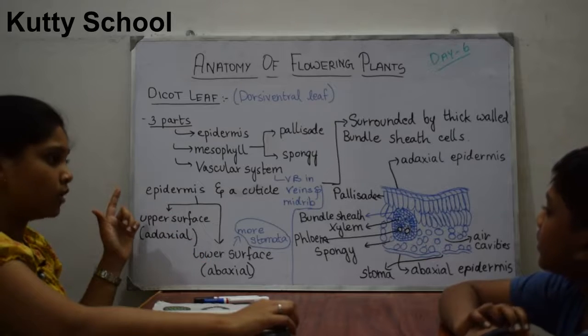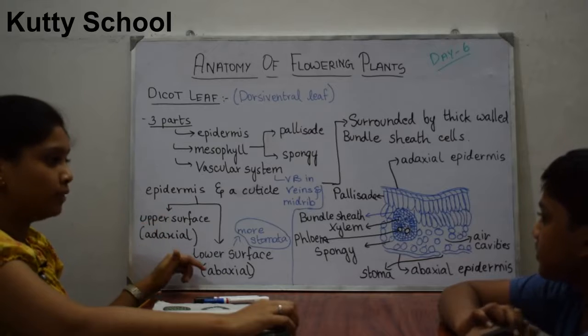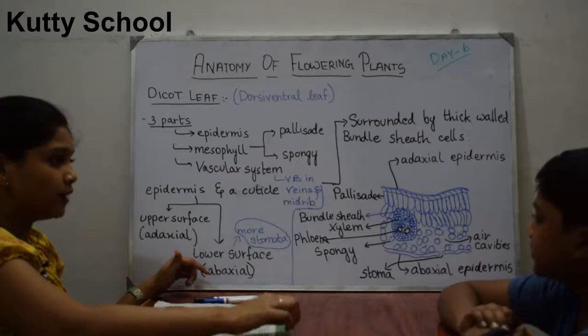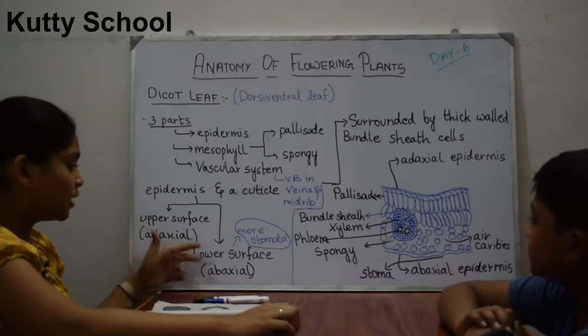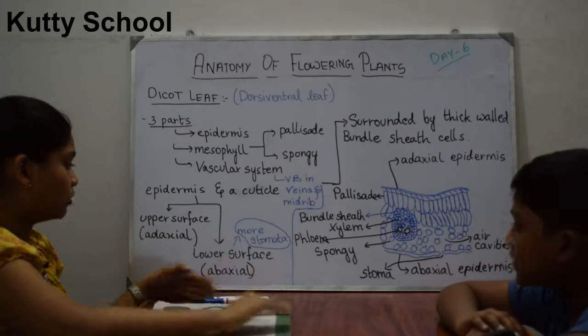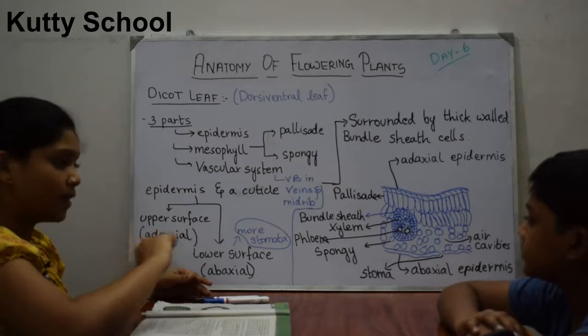In the monocot leaf, it will be present on both sides equally, so we cannot use that criterion. Generally it is present more at the lower surface, the abaxial epidermis.